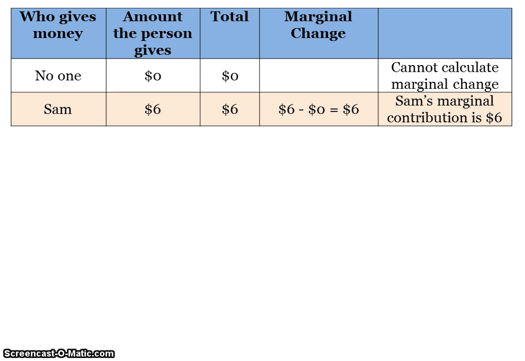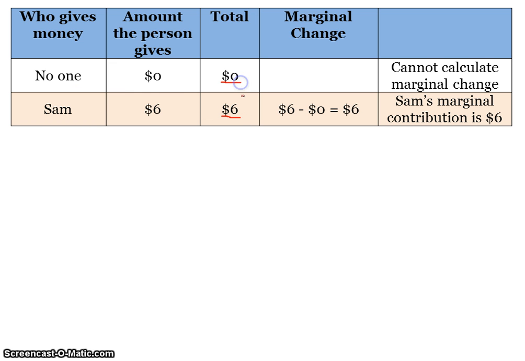Now, Sam contributes his money first. He gives $6. Now we can observe a change in the total amount, and that means we can calculate the marginal change. So we take our new total after Sam gives of $6.